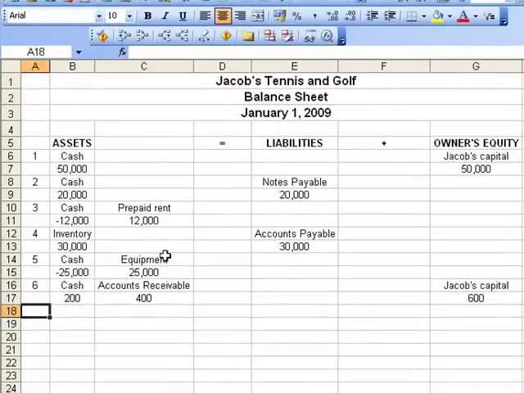Let's assume another case when, for example, Jacob's Tennis and Golf receives the cash for a service before rendering it, with the service rendered at the end of January. Let's assume it's transaction 7 in the beginning of the month. The total was, say, 200, and it has received 100 in the beginning of the month, while the service was actually rendered at the end of the month.